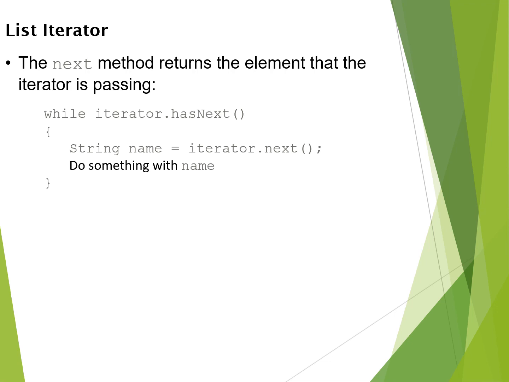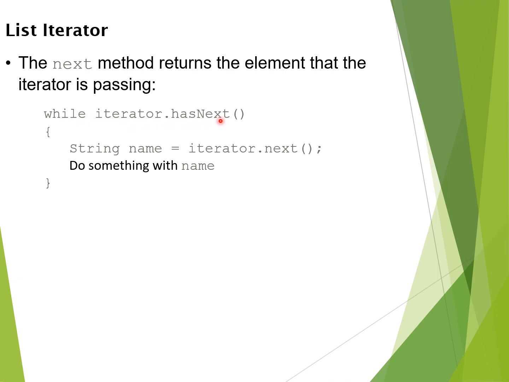For example, if the iterator is before Diana and after calling next it passes Diana, it returns the string Diana. So in order to traverse all the strings stored in the nodes of a linked list, you can write the following code.